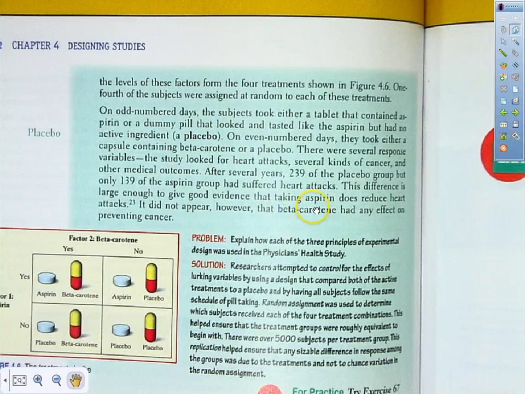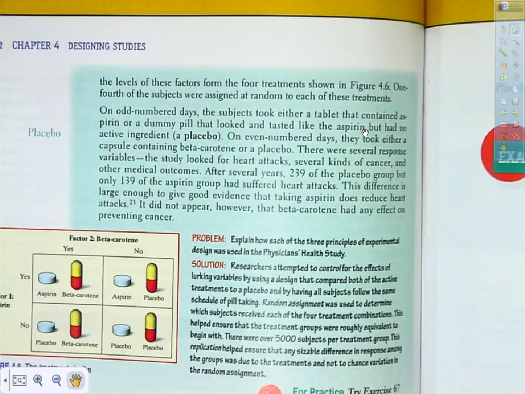Was there a control group? Okay, and yes, the answer to that question is yes, there was. There were four different groups, and so control was introduced, not necessarily a control group, but control was introduced into the study by having these four groups to compare the treatments, right?